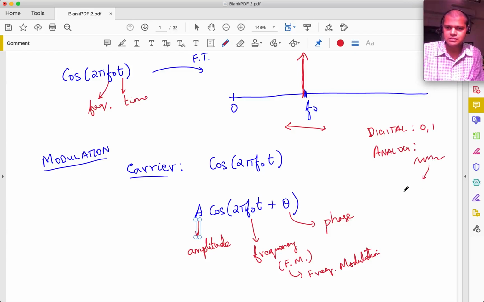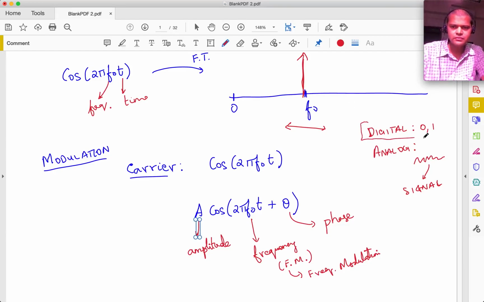Like let's say that this is a voice signal or whatever, right? Let's say somebody is singing a song and you want to send that as a radio signal. So this is the signal, and you have to use this signal to somehow send it over this carrier frequency. Okay. Anyway, so this is something we won't be considering.